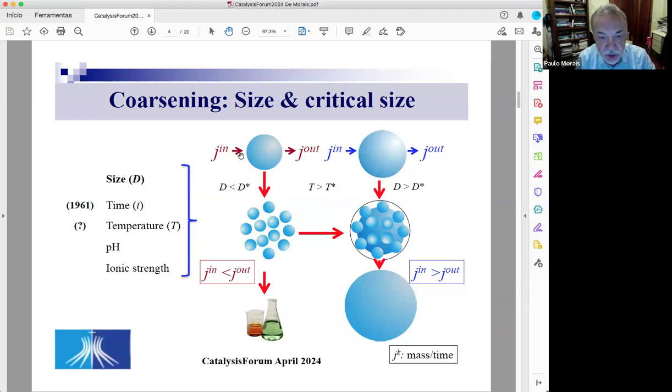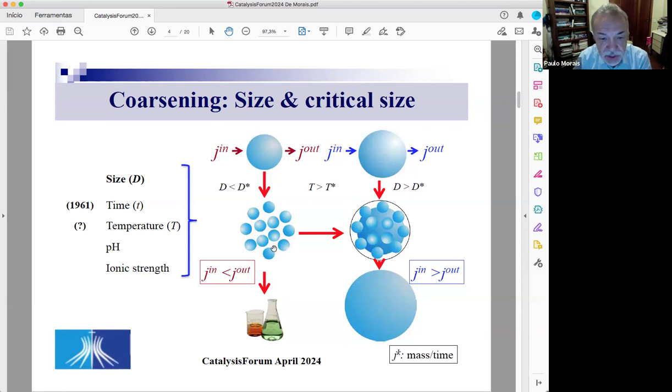If there is an imbalance between the in current and the out current in such a way that J in is smaller than J out, which means less material is entering than leaving, then the particle just reduces in size.